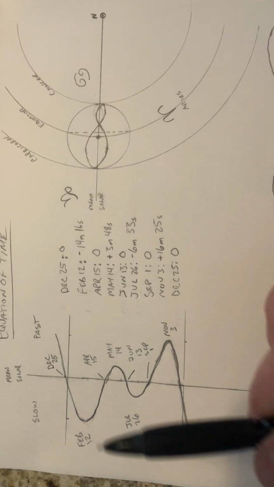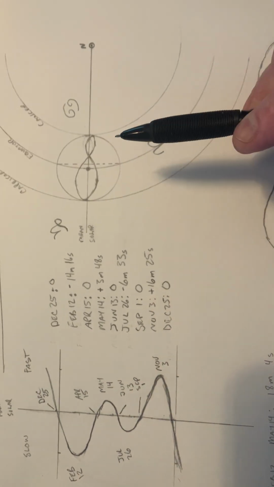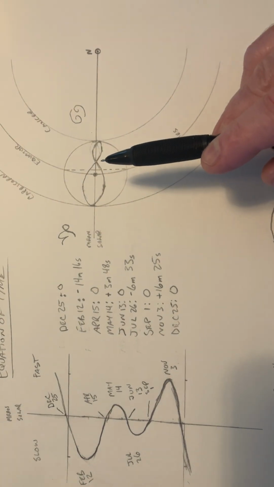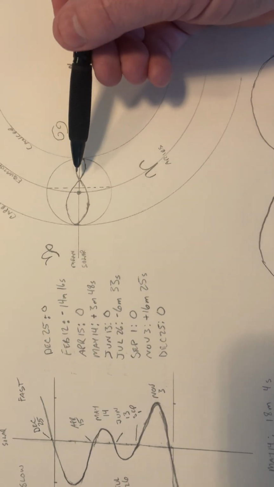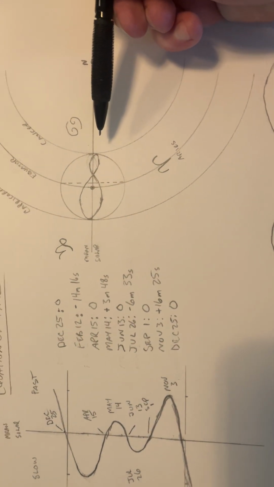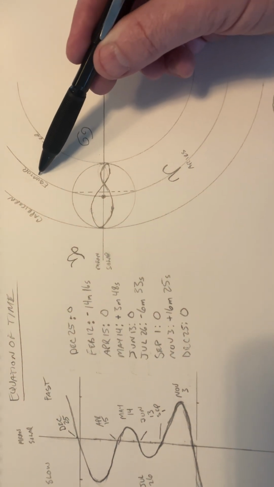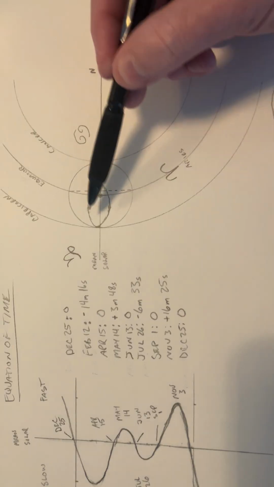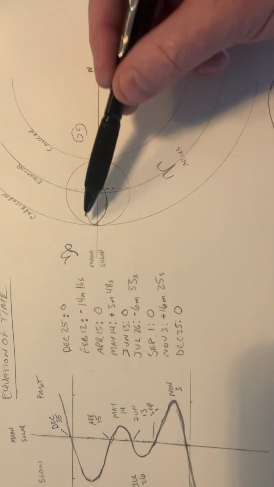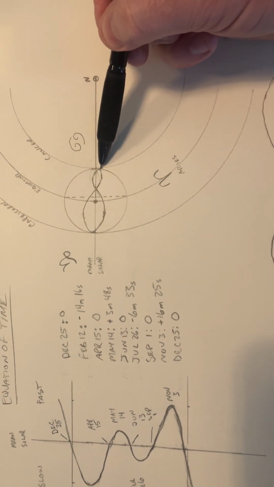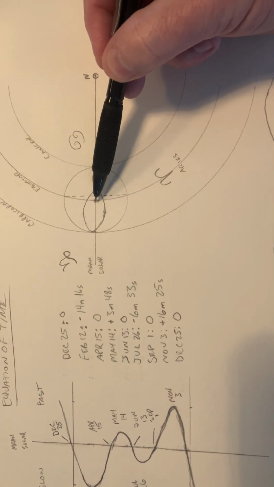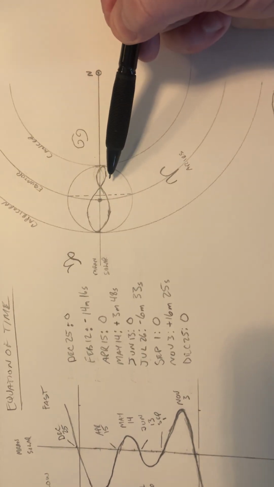Now, the equation of time that we have here is going to coincide with our analemma, so our picture of the analemma. Here we have our tropics, our mean distance inside to outside of our analemma. This is our 47-degree range. The equator is going to be our mean distance between these two.